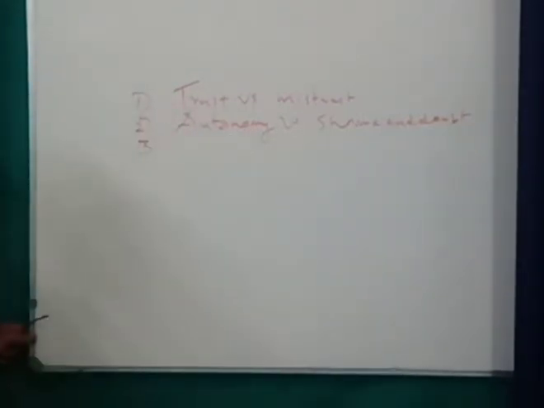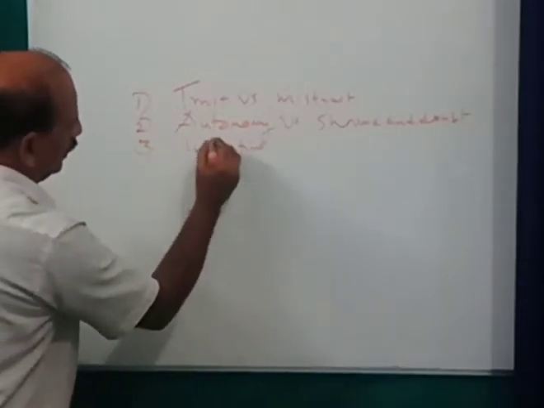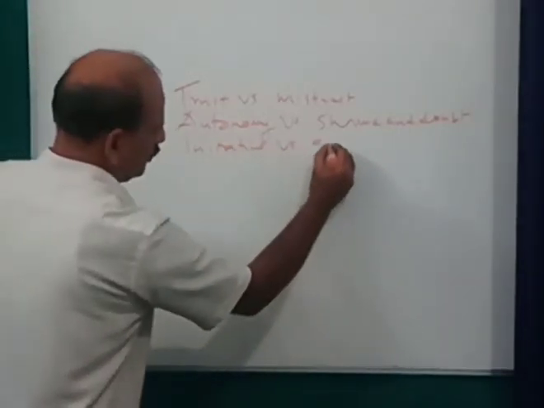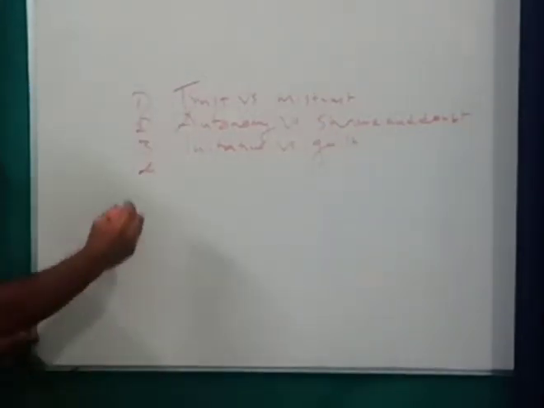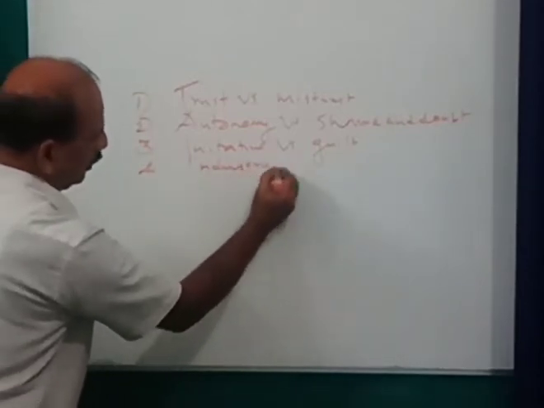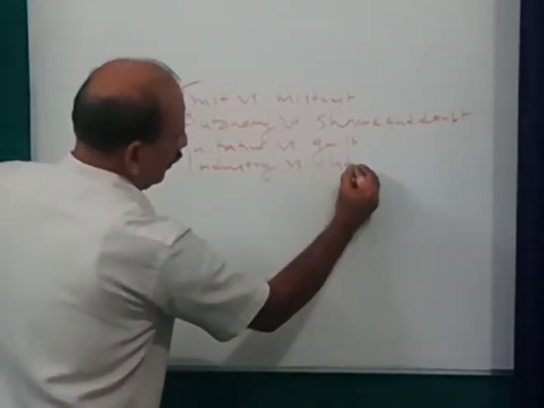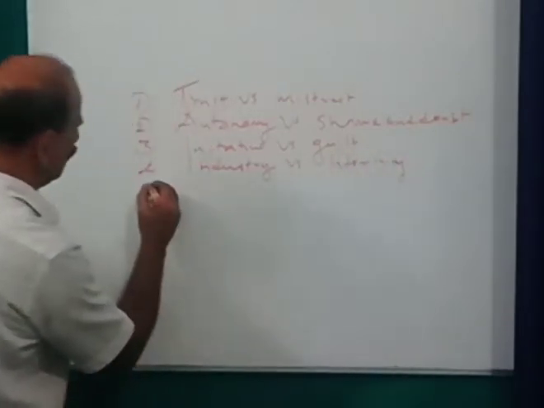And the third one, initiative versus guilt. Then industry versus inferiority.